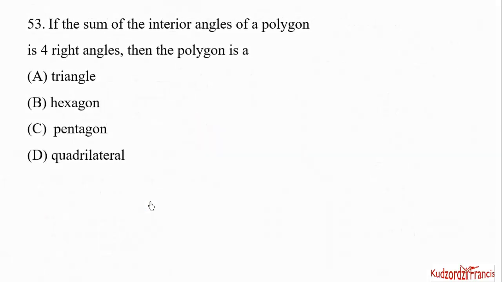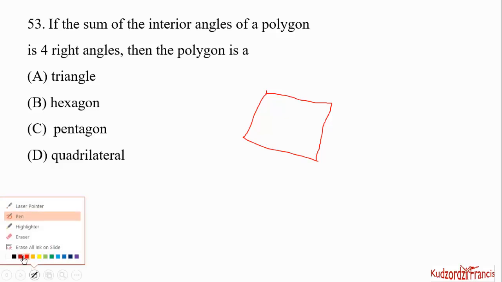Then item 53. If the sum of the interior angles of a polygon is 4 right angles, then the polygon is... So we know that if you have a quadrilateral, we can find 2 triangles in it.